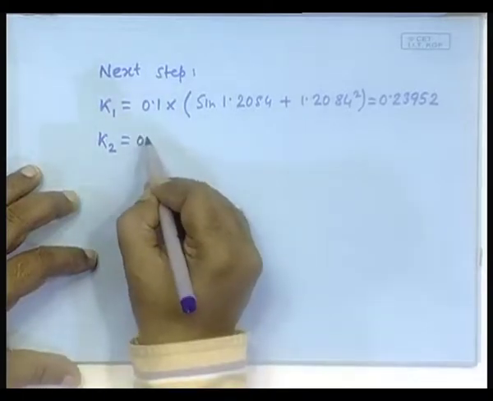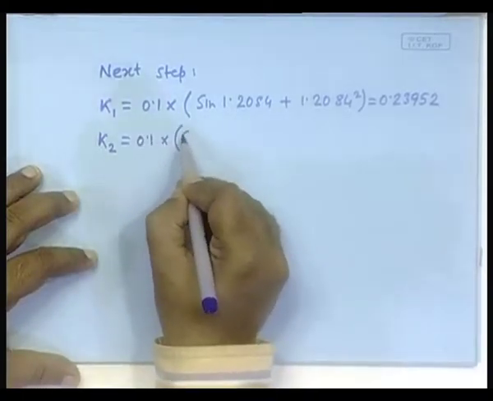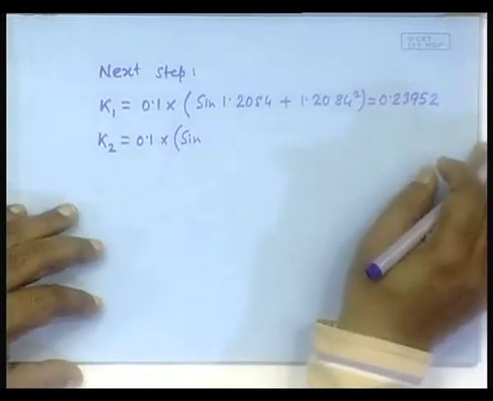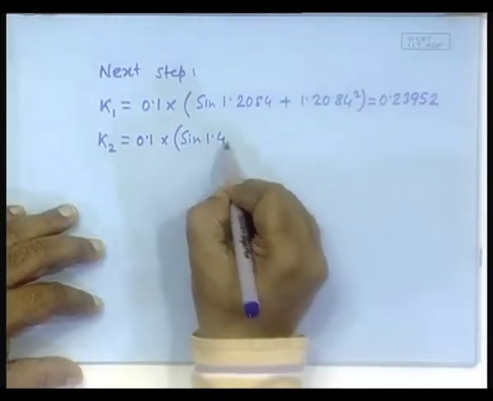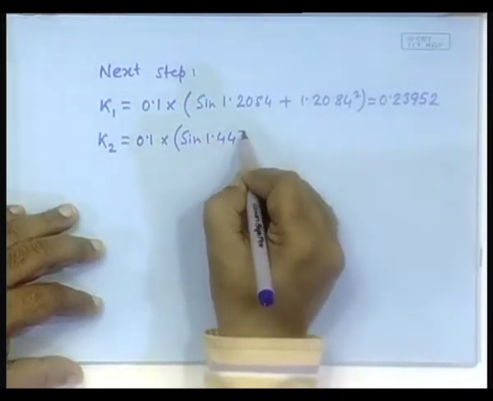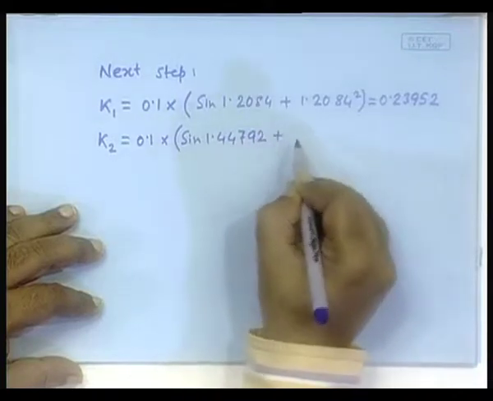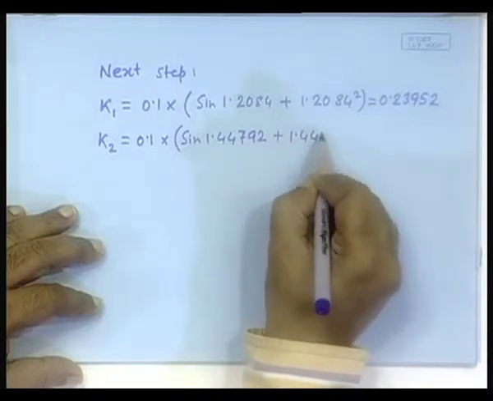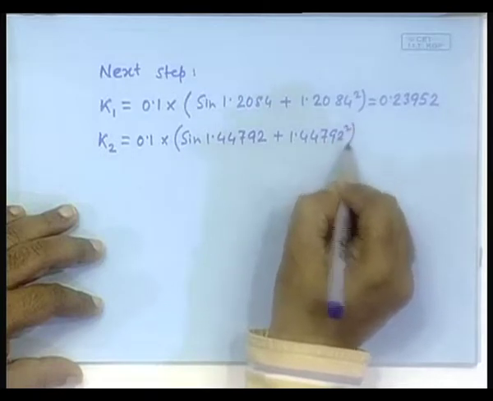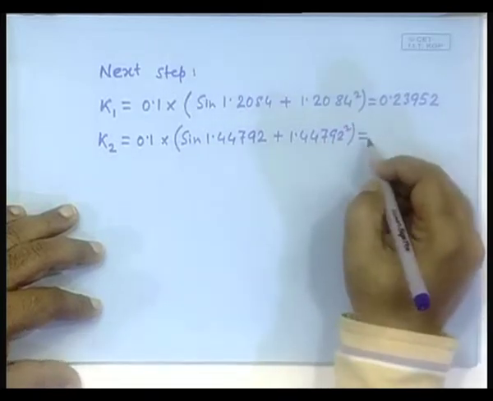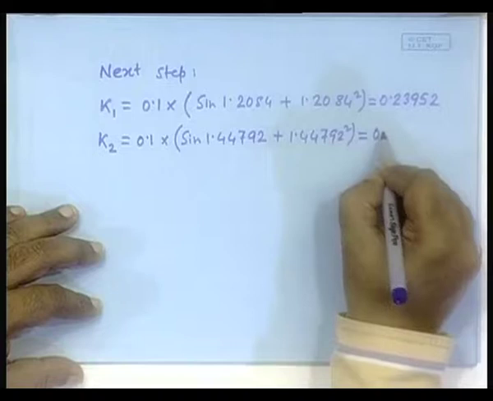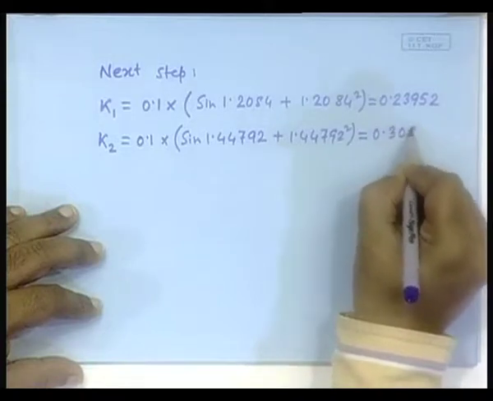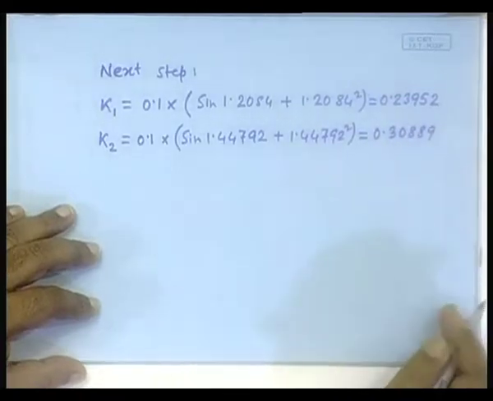So, it is 0.1 times sine 1.44792 plus 1.44792 square is equal to 0.30889.